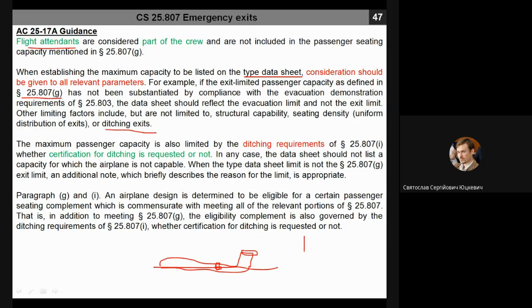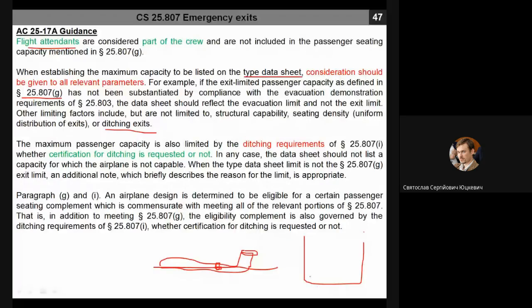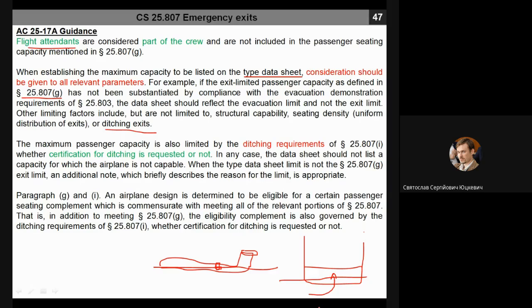If there is a landing on the water, the flight attendant must put a special barrier in the bottom part of this hole to avoid water coming into the passenger cell. By means of this technical decision, we could use this emergency exit. So we prove a ditching exit for ditching conditions.